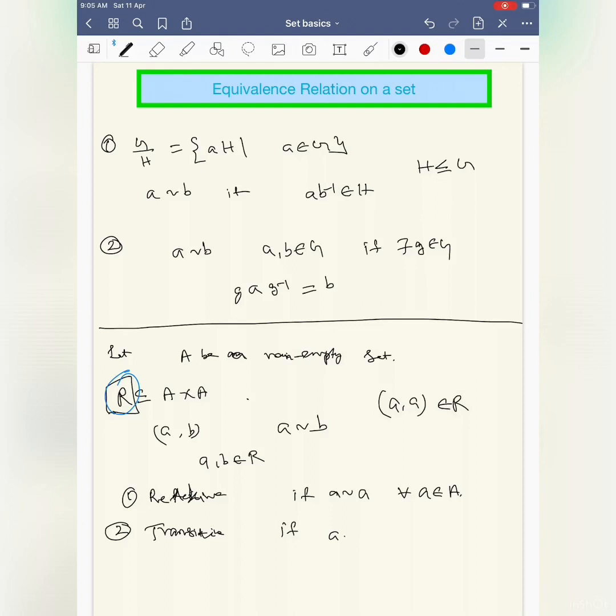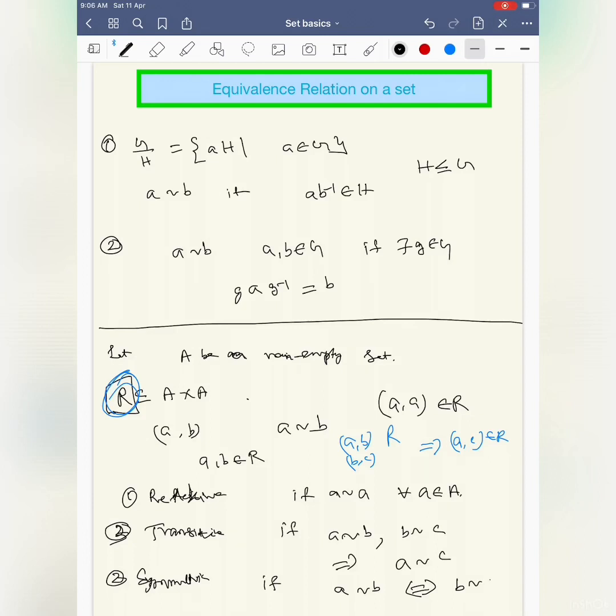Okay, transitive, that's the third property. Transitive: a related to b and b related to c implies a related to c. That means if the set R contains (a, b) and (b, c), that implies (a, c) will be in R. So the second property, symmetric relation: a related to b if and only if b related to a.